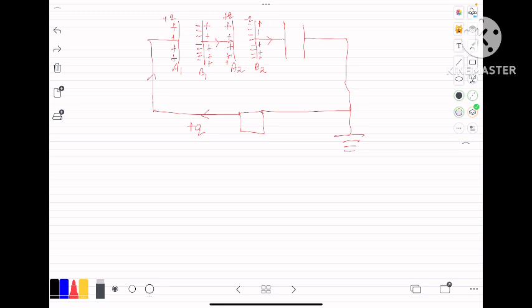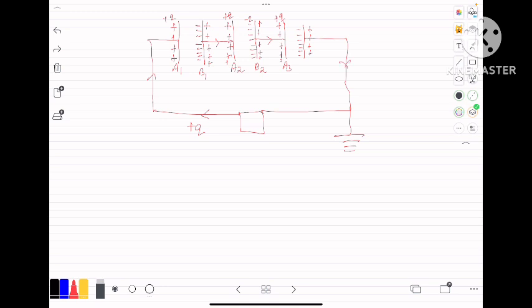Plus Q appears on the plate A3 due to induction, minus Q on its inner face and plus Q on its outer face, and the plus Q charge flows to the earth.